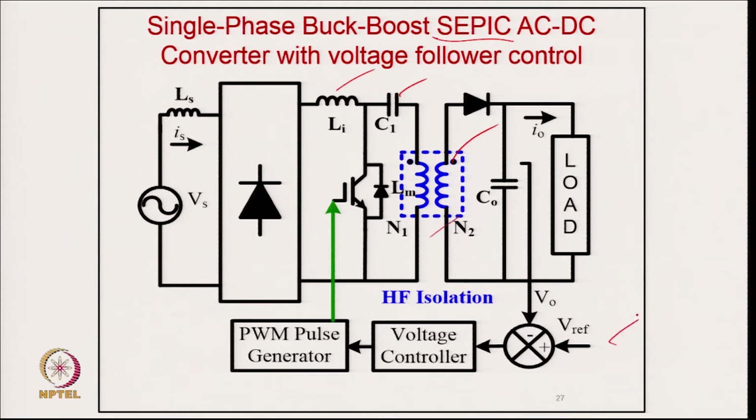So, we have a reference voltage, a feedback voltage, a voltage controller, and then a PWM pulse generator comparing this output with the sawtooth, and this gives the gating signal. If we design the capacitor with discontinuous voltage, then certainly the voltage stress across the devices goes up, as well as the diode voltage, because otherwise the device voltage is the sum of the input and output voltage, as in a typical buck boost converter.